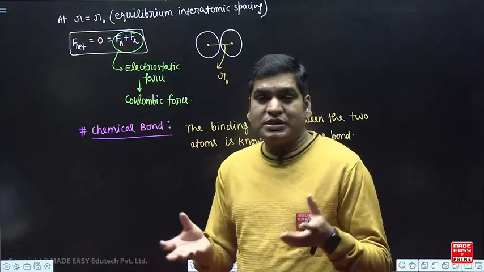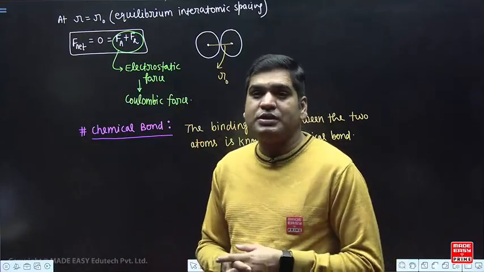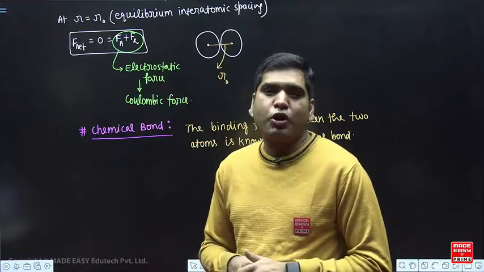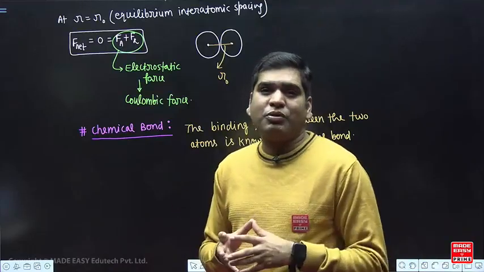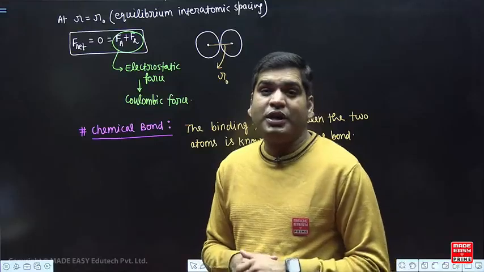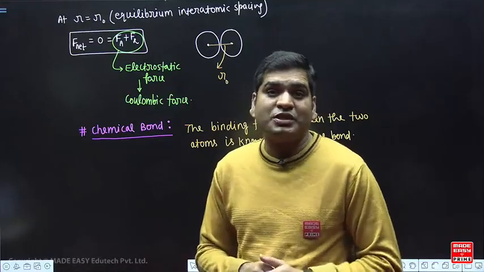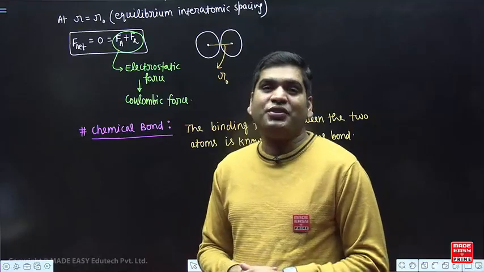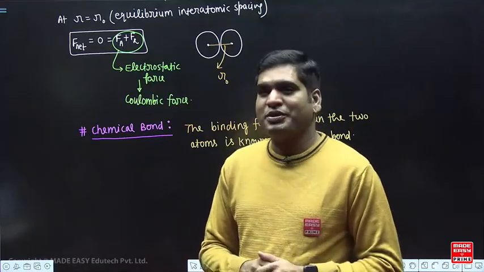That amount of energy is known as bonding energy. Greater the energy required to break the bond, it means lower the potential energy, more the stability, and stronger the bond.